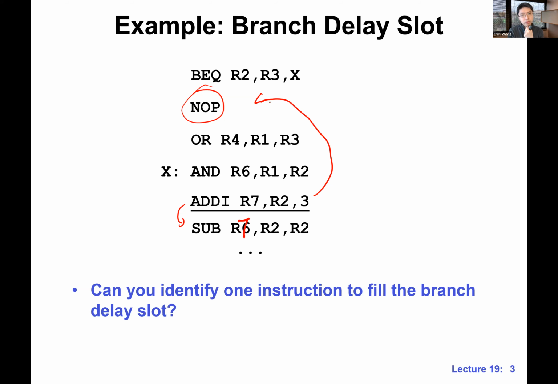So can we move? Let me ask you this question again. Can we move addi or not in this case? First, if we move addi over there, to the branch delay slot, are we skipping addi or not? No, we are not skipping addi because this is the delay slot. It's going to be executed regardless.